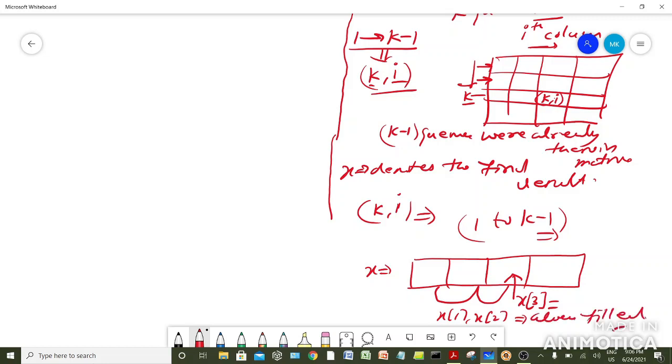Only then are we going to check for the third row or the third queen. So x is representing our earlier result. If x of 2 is equal to j, it means the second queen was placed at the jth location. Try to understand this, because the row number, or you can say the queen number, are the same in our solution to the n queens problem.